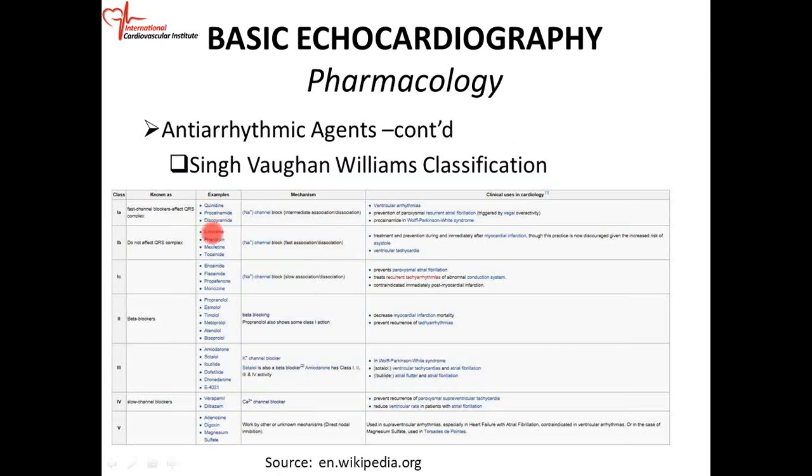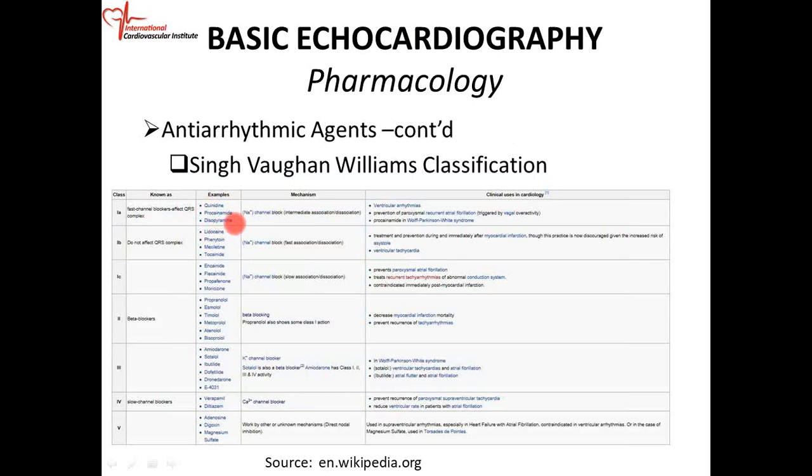So these are relatively old drugs, not used much today, but quinidine, procainamide, and disopyramide. These medications affect the QRS complex, and then when you use them, you can see that the QRS complex widens.